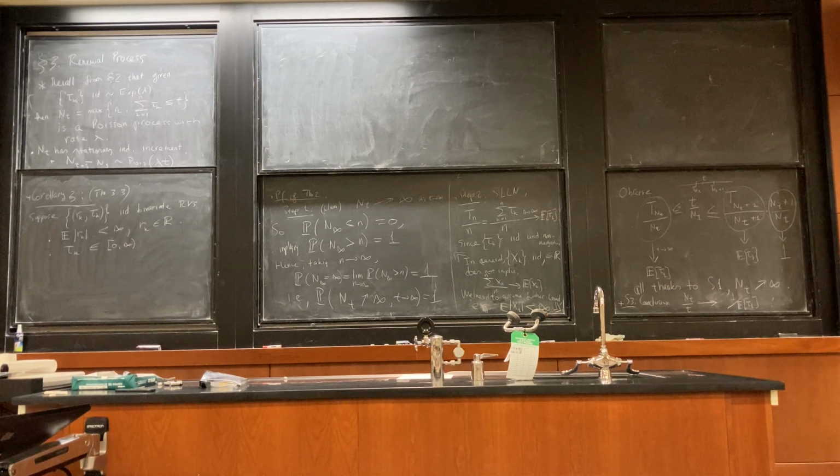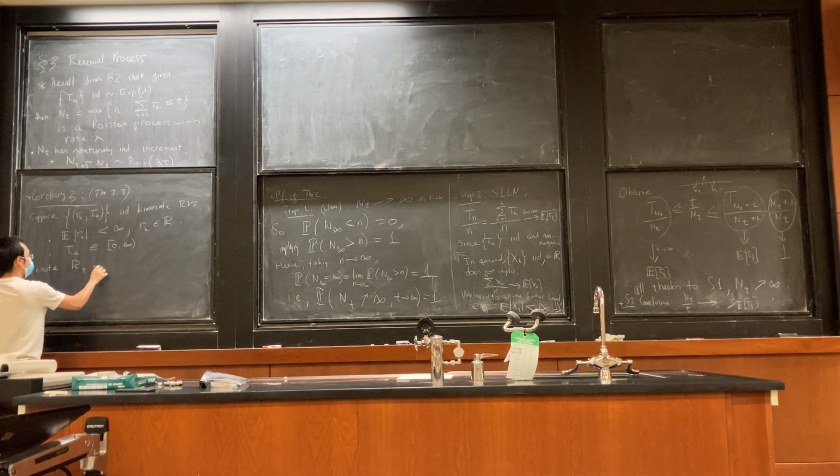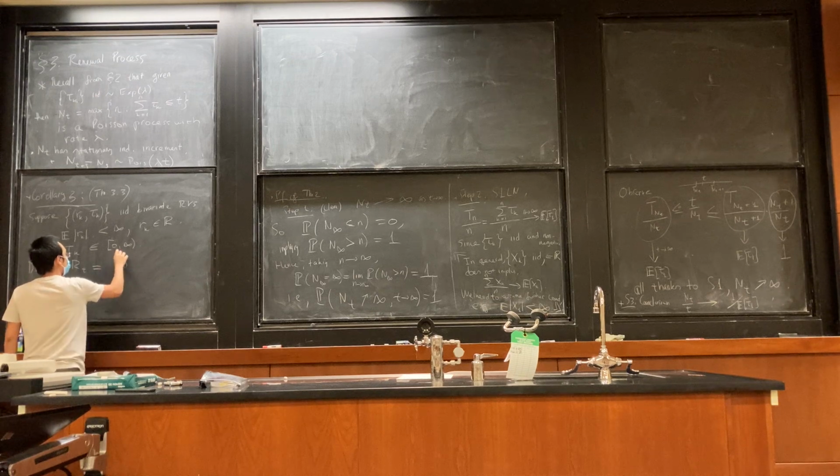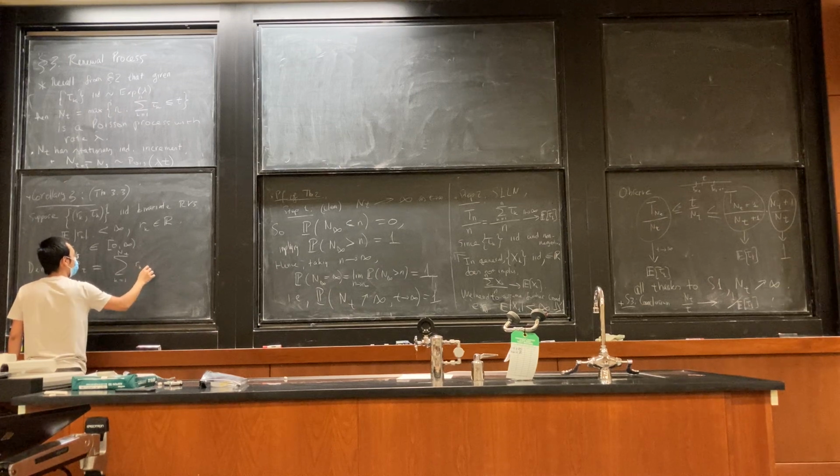Think about R_k being the reward, or the outcome for each arrival time. Define R_t to be the sum, as usual, from k equals 1 to N_t of R_k.